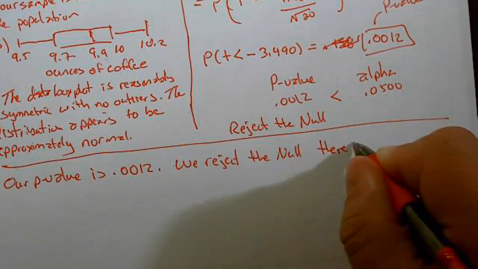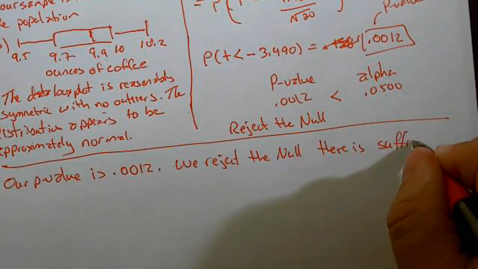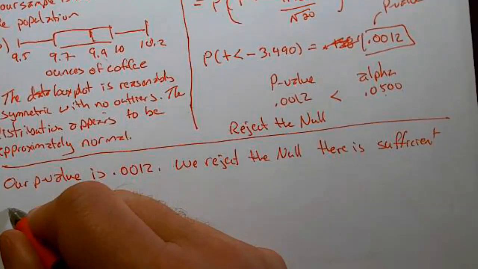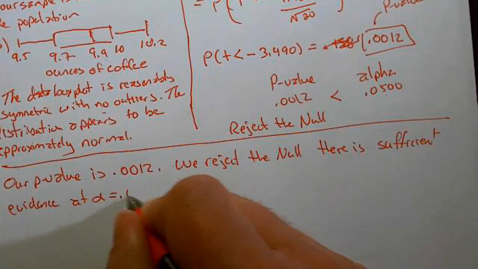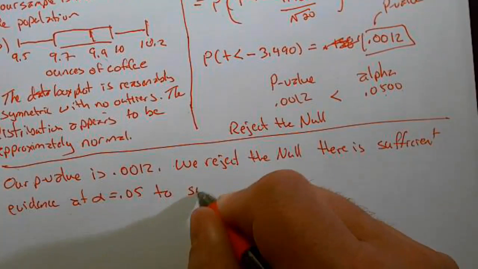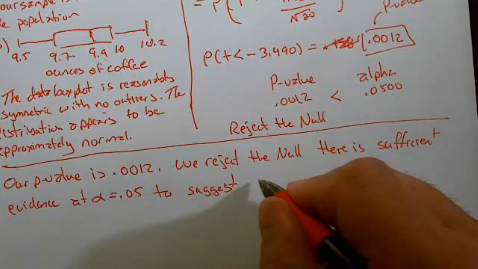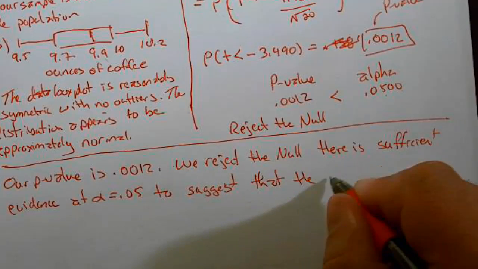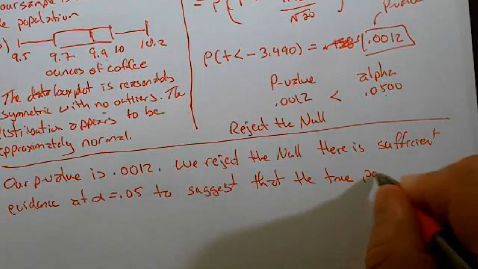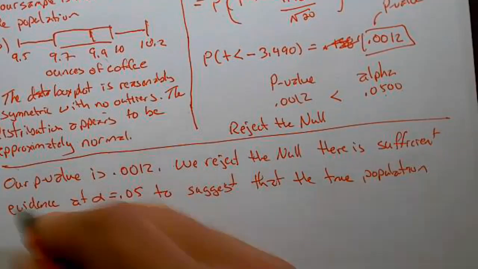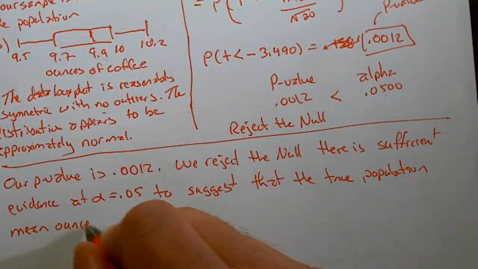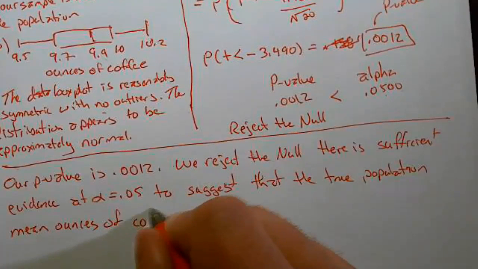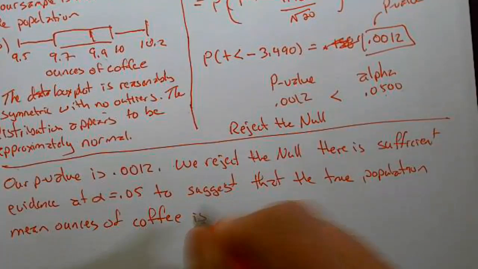There is sufficient evidence at alpha equal 0.05 to suggest that the true population mean ounces of coffee is, what was our alternative? Less than 10 ounces.